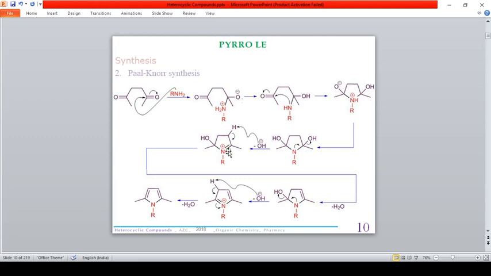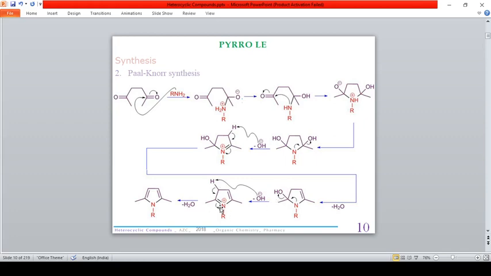In order to stabilize this positive charge, this molecule will lose this proton and these electrons will form a double bond here and these will go back to form a lone pair. So again nitrogen has a lone pair. This lone pair will again go and remove OH negative and it will have a positive charge.